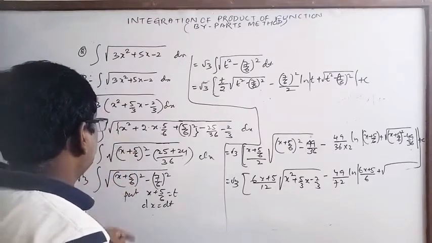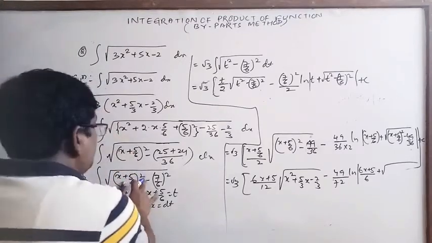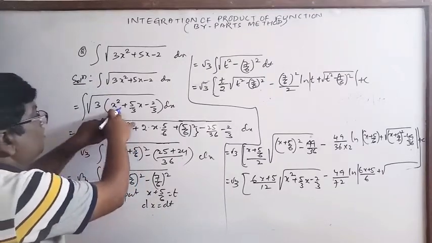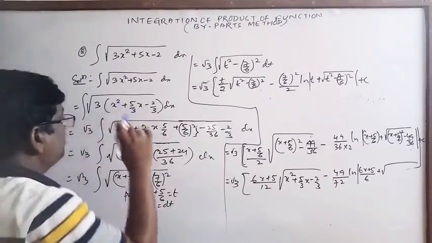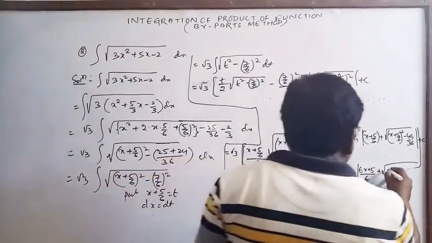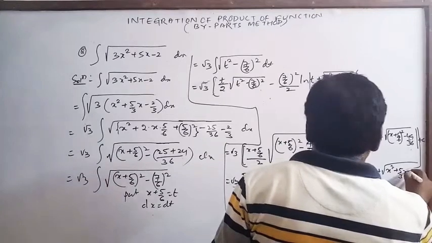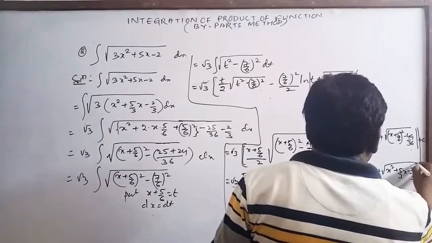So this amount is simply a step, so the value is x square plus 5/3 x minus 2/3 plus c.